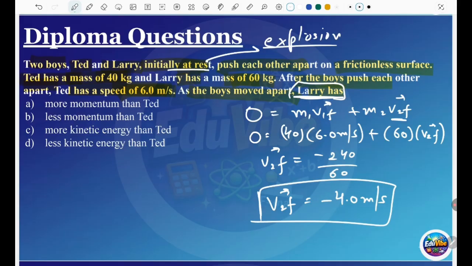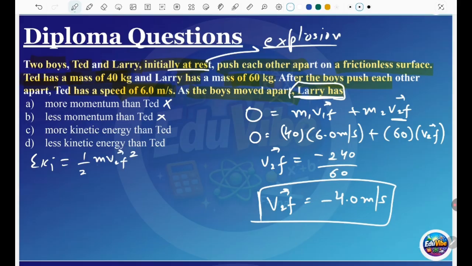Momentum is not used here because we don't have any initial velocities. So we don't work with momentum, we work with the kinetic energy. First we have to find the EKI. Both are initially at rest, so we take the final one.